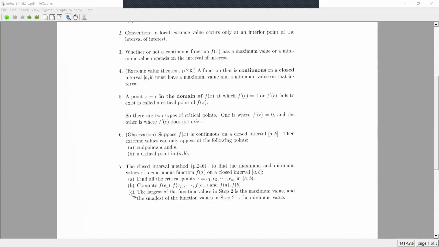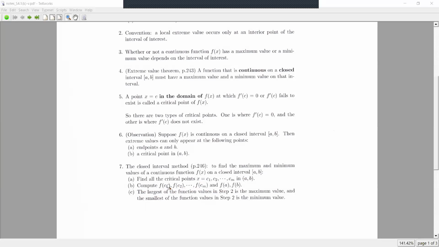Step 3, now we can make a conclusion. The largest function value in step 2 is the maximum function value of the function on this closed interval.